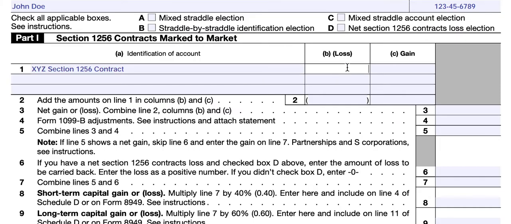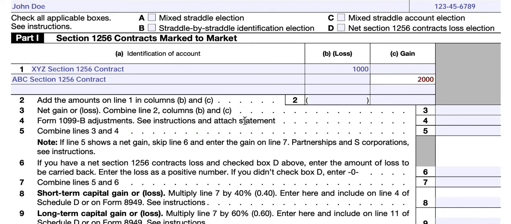We'll just say that within this there is a $1,000 loss in this, and then we'll just put that there's a $2,000 gain on this one.